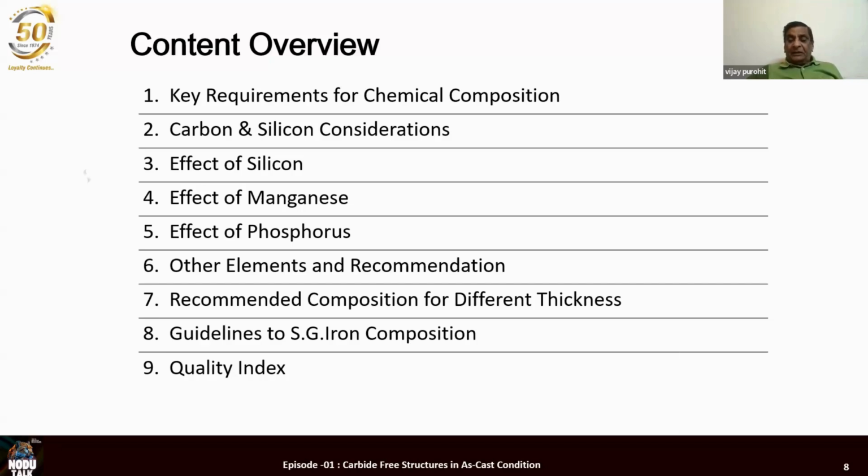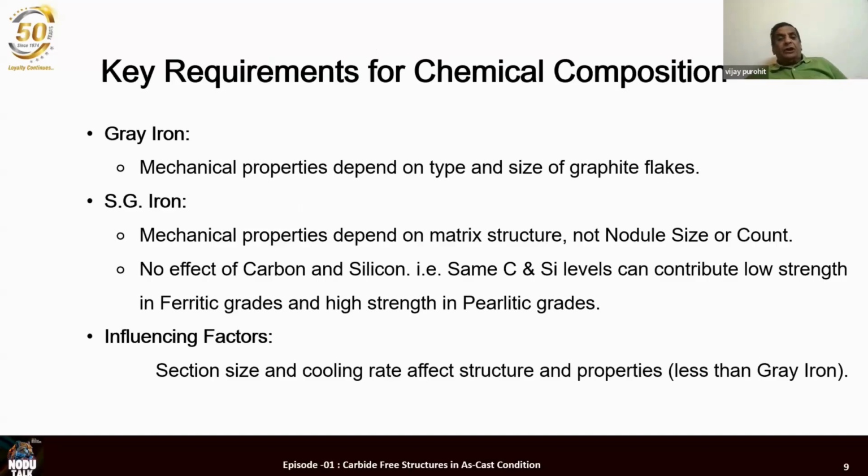Thank you. Now, the key requirements for chemical composition. In gray iron, we are very clear about the properties. The properties of gray iron are basically dependent on the size and the type of graphite. We have all seen that gray iron requires type A graphite, more than 80%, more than 90%, for the mechanical properties and hardness. The flake has to be type A graphite in gray iron.